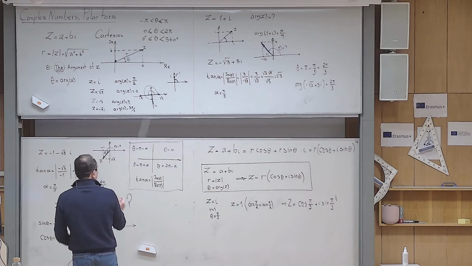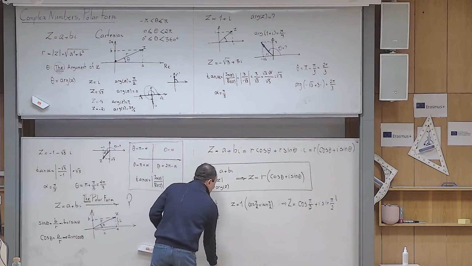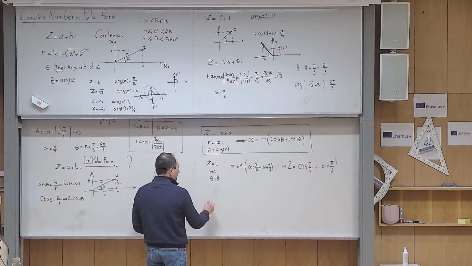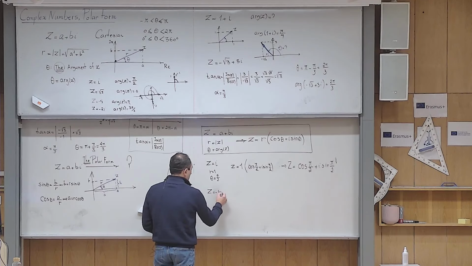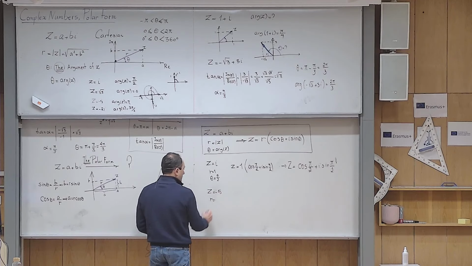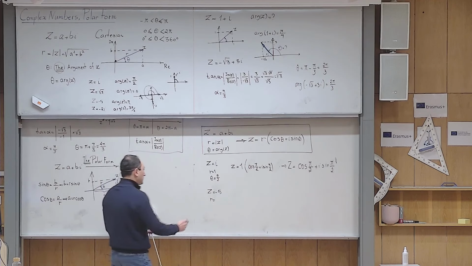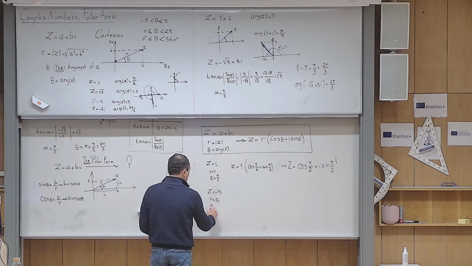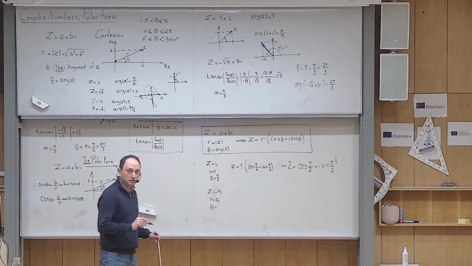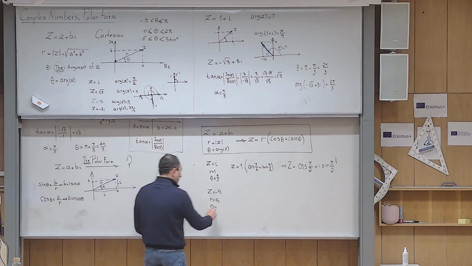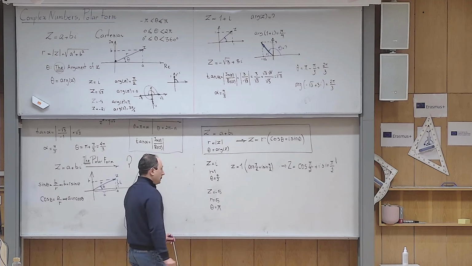Okay, for example, we don't need to solve all the problems. Let me just do minus 5. If I give you minus 5 and I ask you to put it in the polar form, what you need to do is calculate the absolute value. What is the absolute value of minus 5? 5. And what is the argument of minus 5? Pi. You said pi, yes. Okay, and then what do you do?